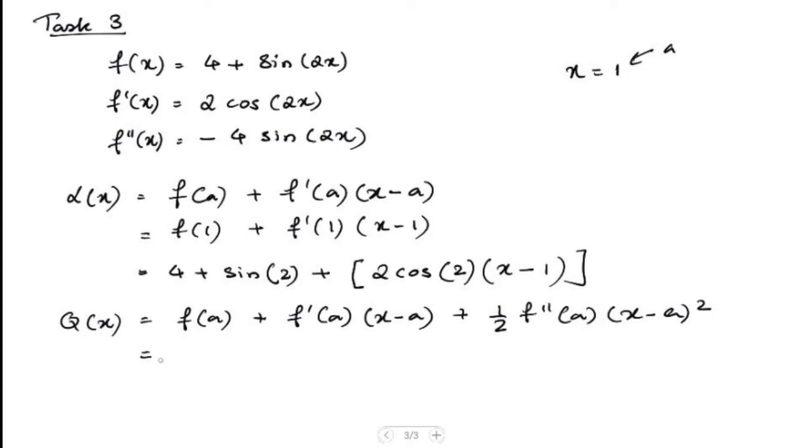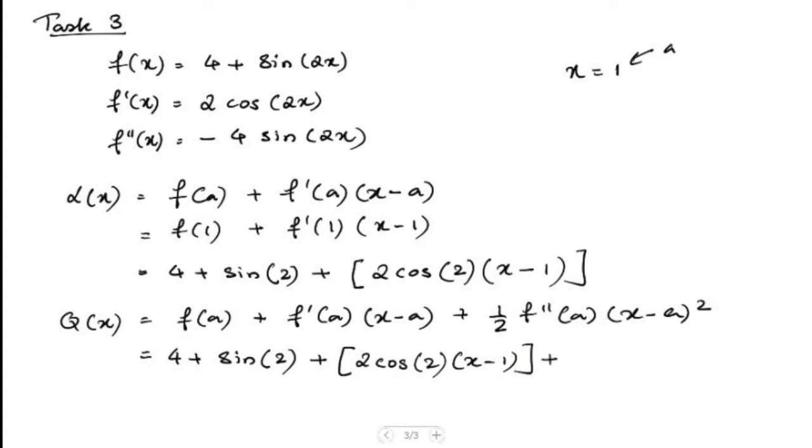Replacing a with 1, I'm directly going for f(1): 4 plus sine 2 times 1, which is 2, plus f'(1) times (x minus 1), which is exactly what we have here, so I'll copy it down: 2 cosine 2 times (x minus 1), closing the bracket.